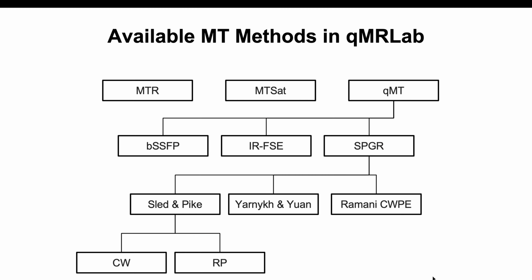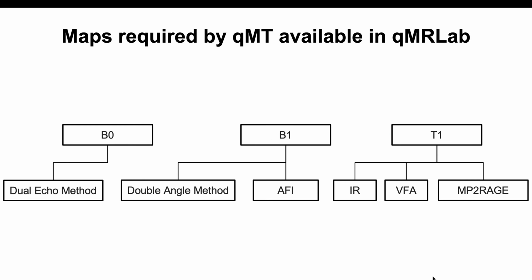There are a lot of MT methods available in qMRLab. We have MTR, MTSAT, and qMT. But for this talk, I'll just be going through this little pipeline here. We'll just be talking about SPGR-based qMT, so spoiled gradient echo, and we'll just be using the default fitting model, which is the Sled and Pike.